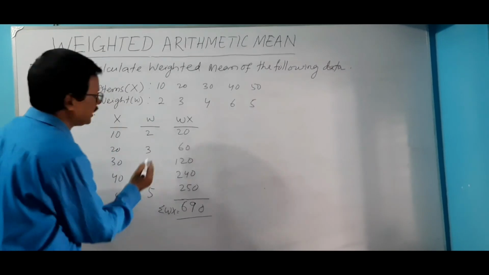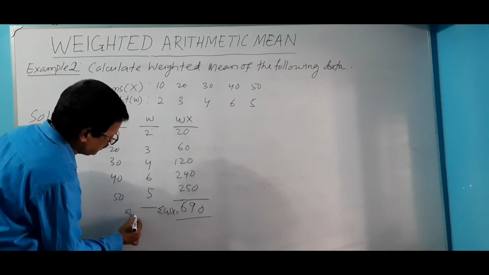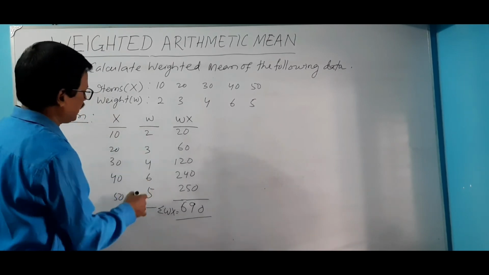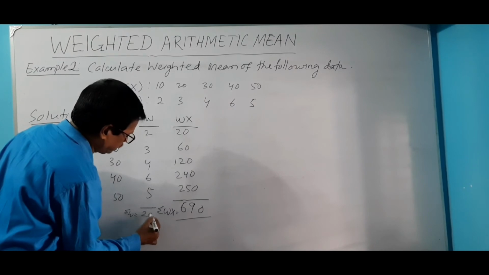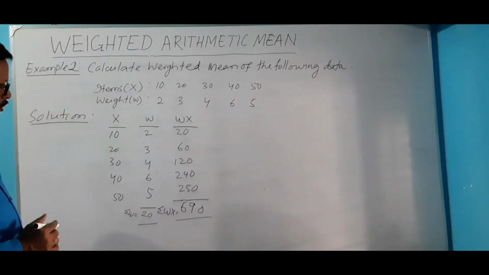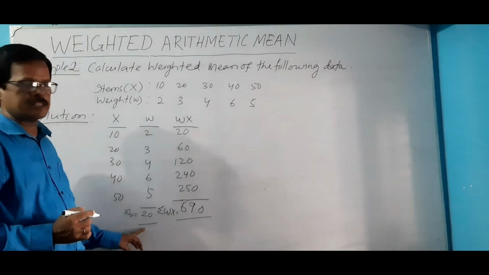It is 690. Now what is summation W? Add the W values: it is 20. So summation Wx is equal to 690 and summation W comes to 20.